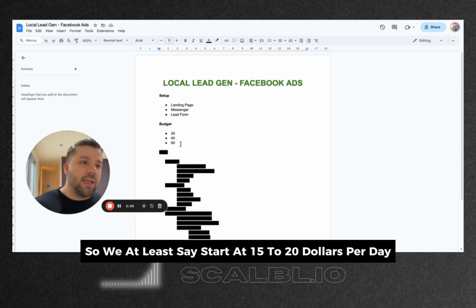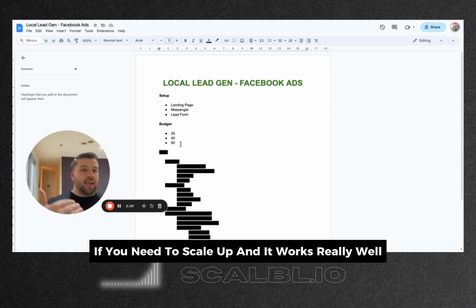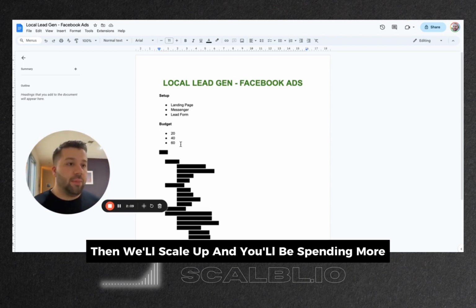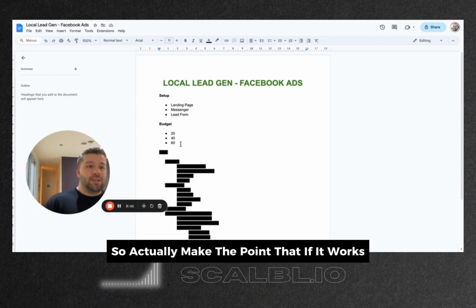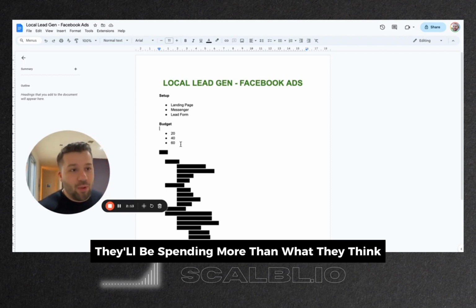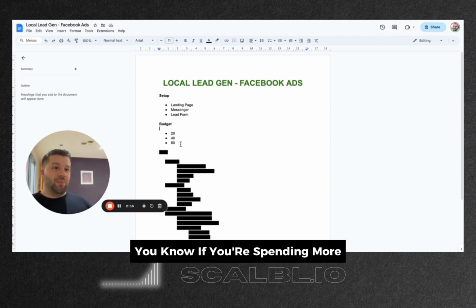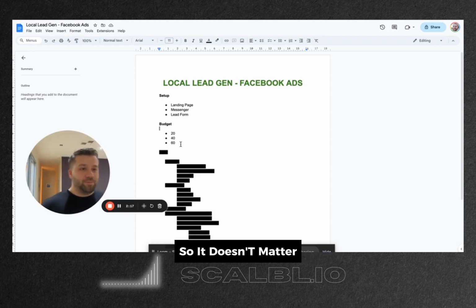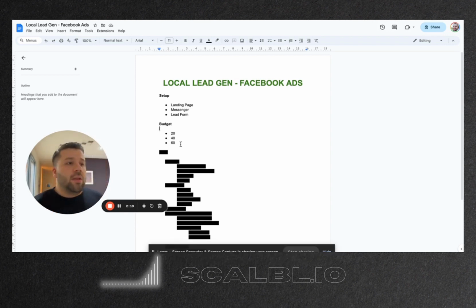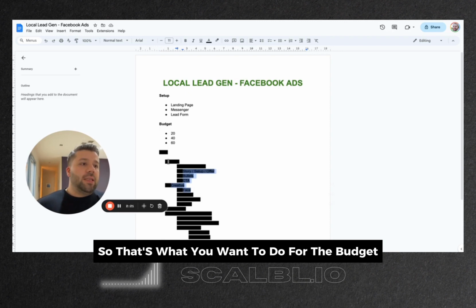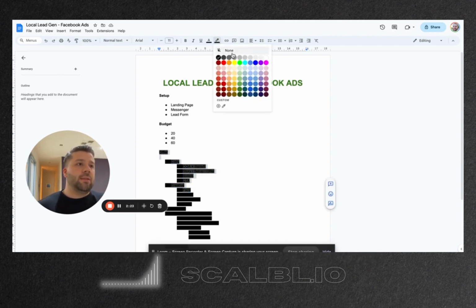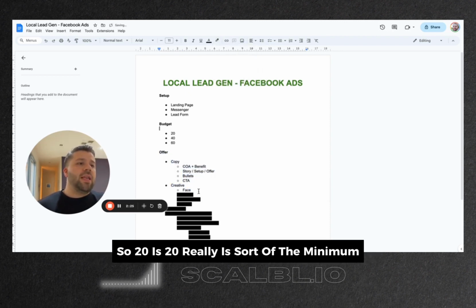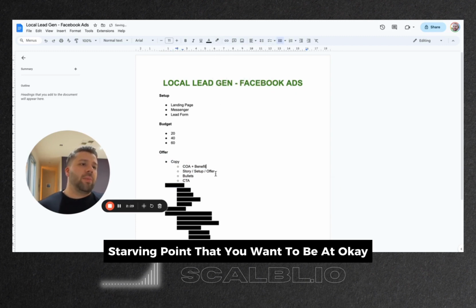So we at least start at $15 to $20 per day. If it works really well and you need to scale up, then we'll scale up and you'll be spending more. Make the point that if it works, they'll be spending more than they think, but just tell them, if you're spending more, you're making money. So it doesn't matter. That's what you want to do for the budget. $20 really is the minimum starting point.